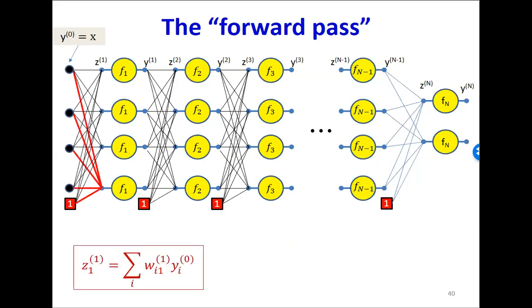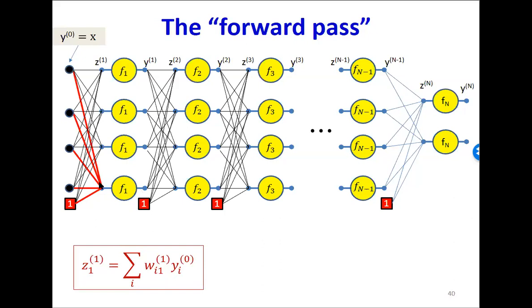Now, consider just this first neuron. What is the affine value at the input of this first neuron? That is going to be a weighted sum of all of these inputs. Specifically, you're summing over all of these, and what you're summing is the value here times the weight of this edge. So it's going to be the ith value y times the weight from the ith value here to the first neuron.